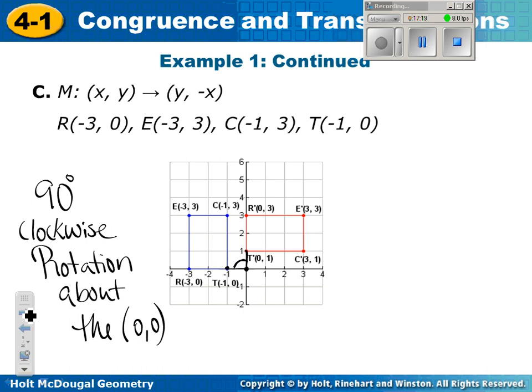So on the homework or on a test, if you tell me it's 180 degree rotation about the origin, you don't have to tell me the direction, because it doesn't matter. It can be clockwise or counterclockwise. Okay. That's what we're talking about right now, that those are exactly the same. 180, either direction is exactly the same. Does that make sense? Okay.